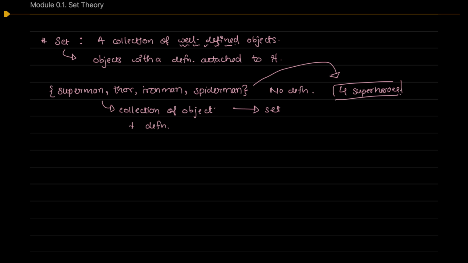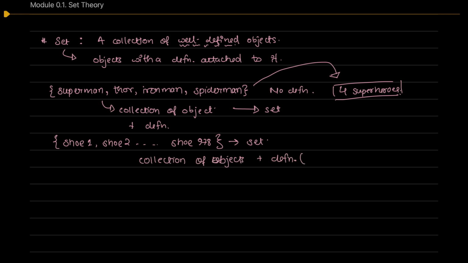If I make a collection of all the shoes in that store, suppose that store has 978 shoes, then this becomes a set. How? This is a collection of objects plus a definition attached to it. What is the definition? Shoes in Nike store 178.